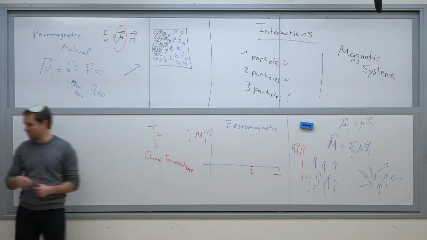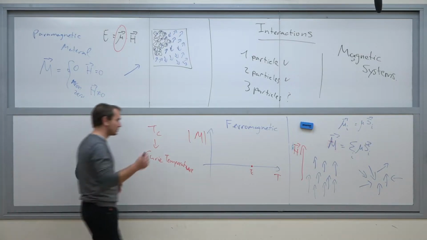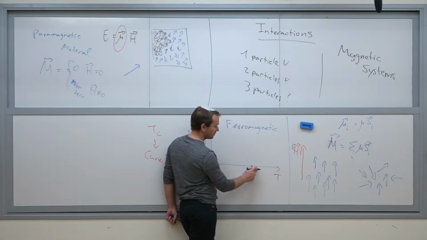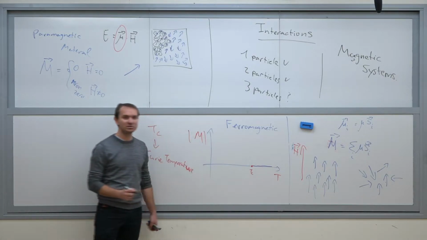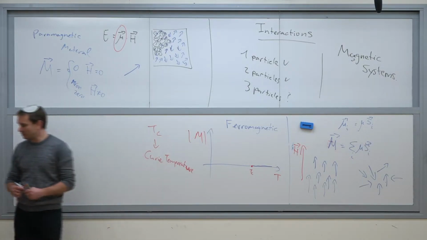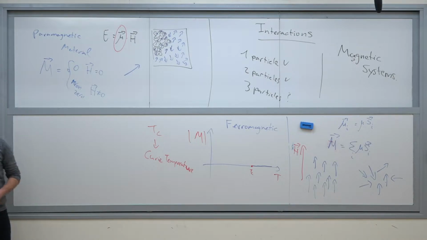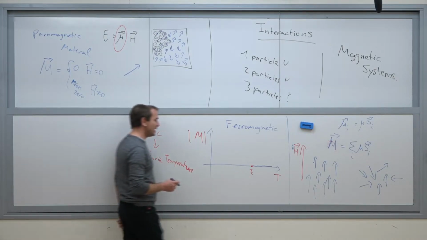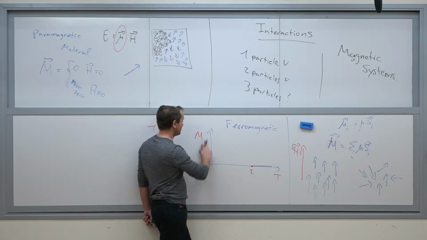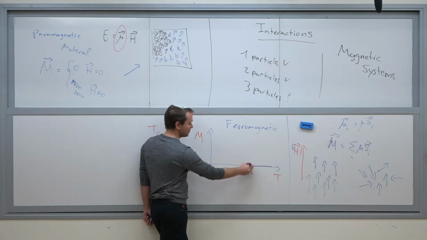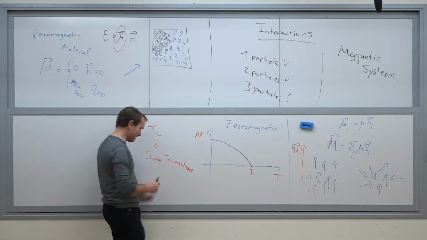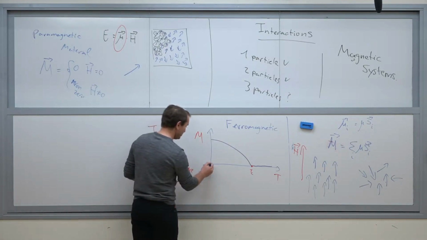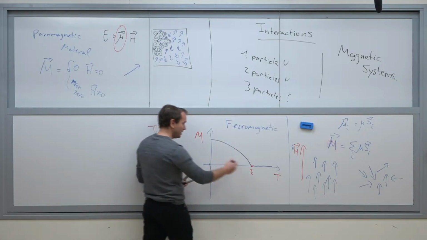And this Curie temperature states the following: for temperatures above Tc, the net magnetization is 0. For temperatures below Tc, the net magnetization, let's forget about the absolute value, can be something which is non-zero. And it goes like this. And interestingly enough, sometimes it can actually be negative.